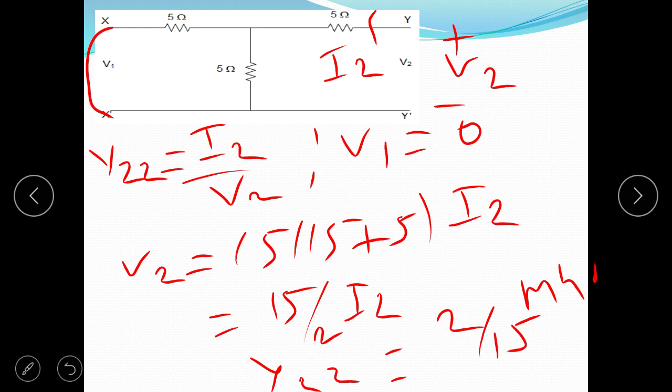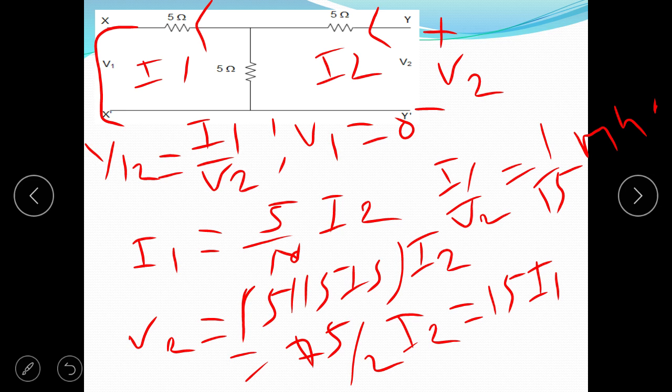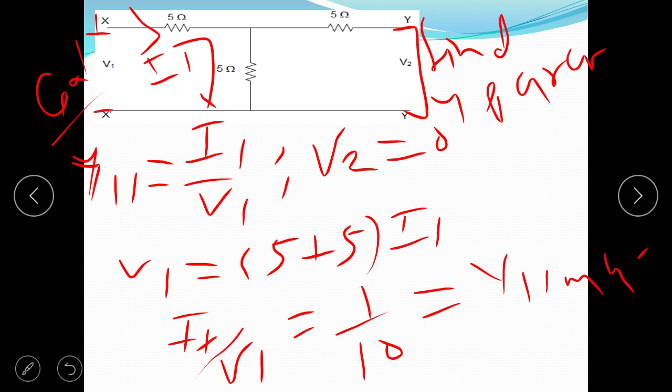So from these calculations we have found the Y matrix and its parameters are Y11, Y12, Y21 and Y22. Y11 is I1 upon V1, this value is 1 upon 15 into 10, 5 parallel 5 plus 5.